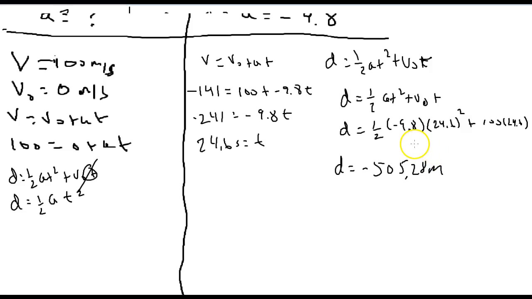A lot of extra digits there, but that's not ridiculous, so you can live with that. All right. So, what was the question we were trying to solve? How high goes the rocket when its engine fails?